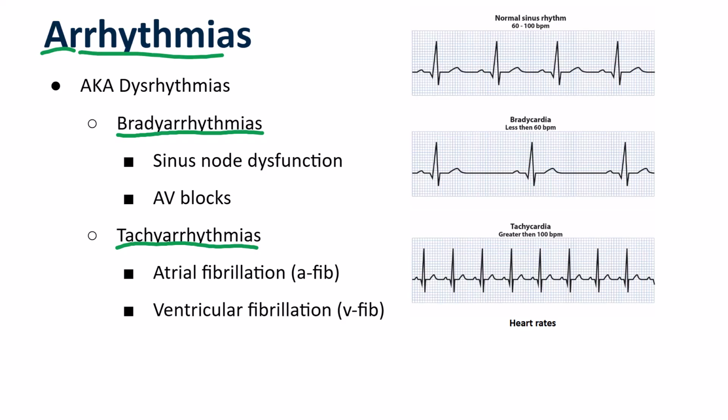With tachyarrhythmia, the two most common are atrial fibrillation or ventricular fibrillation, so that's AFib or VFib respectively. AFib is generally a chronic condition, but it can be problematic from the perspective of throwing a blood clot. It's very manageable with medications.